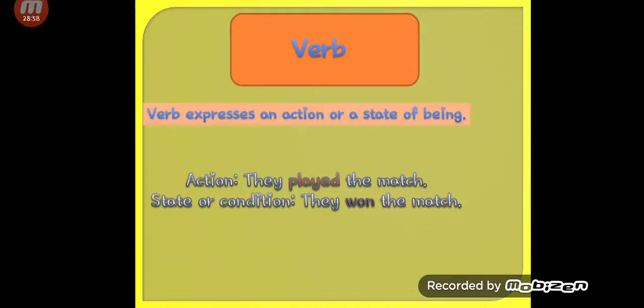For example, they played the match. It states a condition. Verb always tells a condition or a state. Verb is always in between the subject and the rest of the sentence. Principal verb. The verb has three forms.